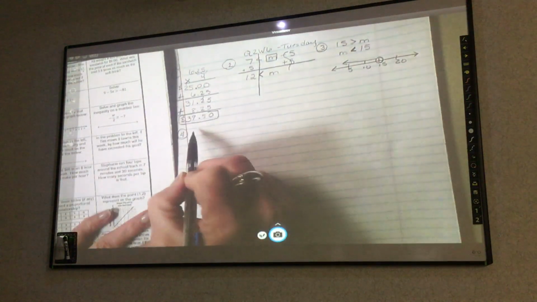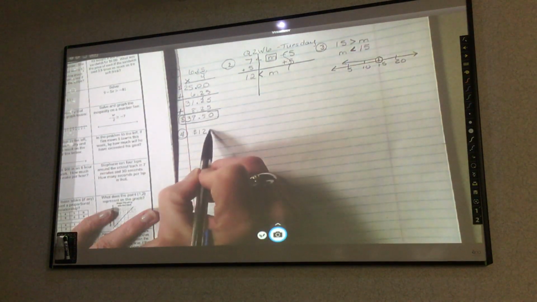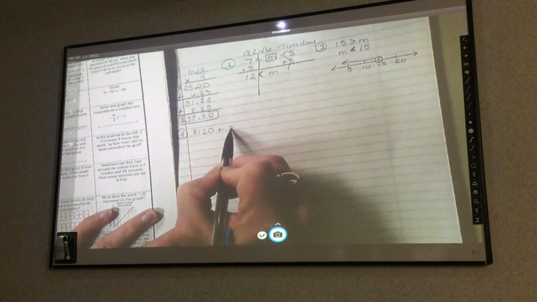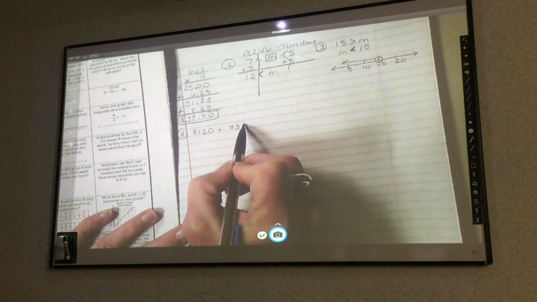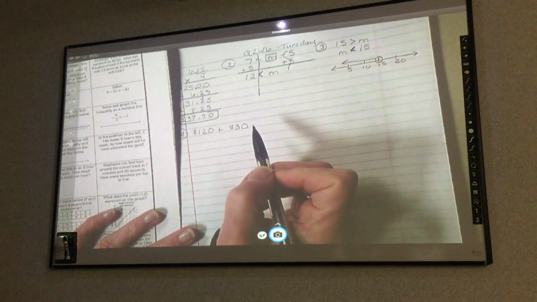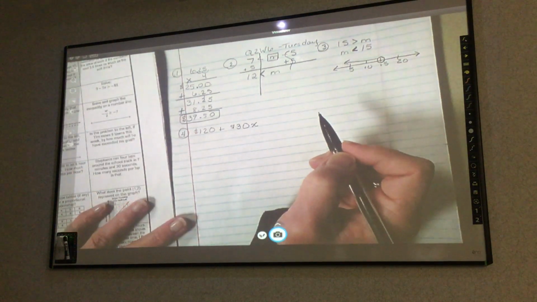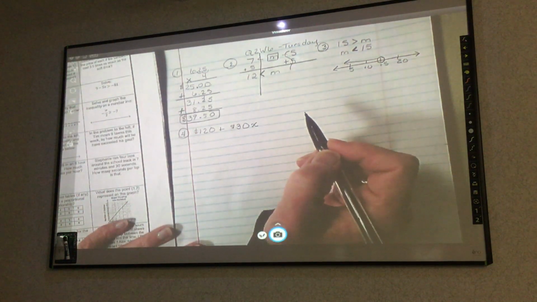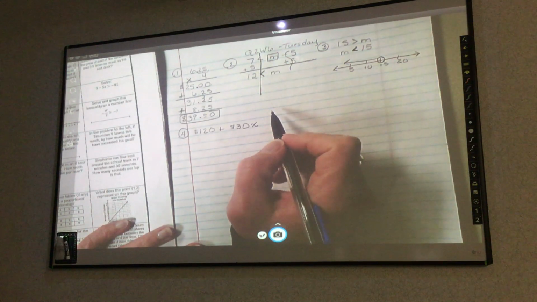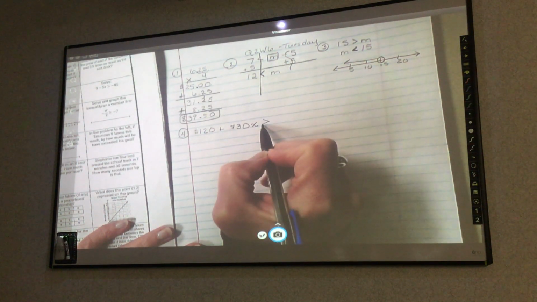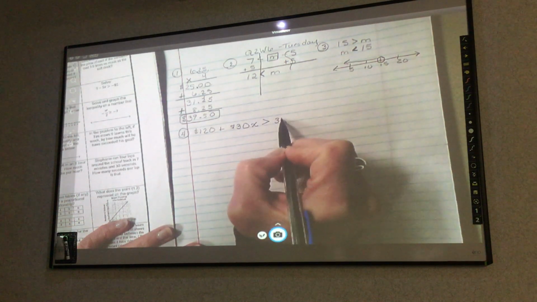So I make $120 plus $30 for each lawn. Do I know how many lawns I mowed? No. Nope, so that's going to be my letter. I'm going to choose X. You can choose N, you can choose whatever letter you want. And it needs to be more than. So this has to be more than $310.